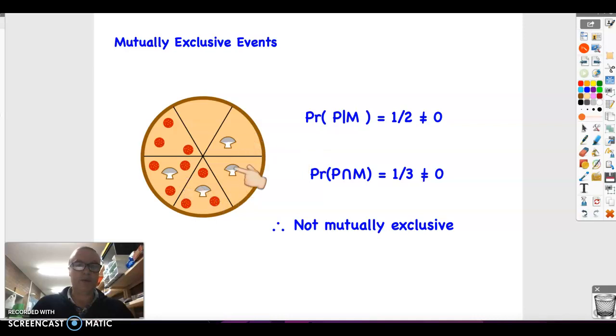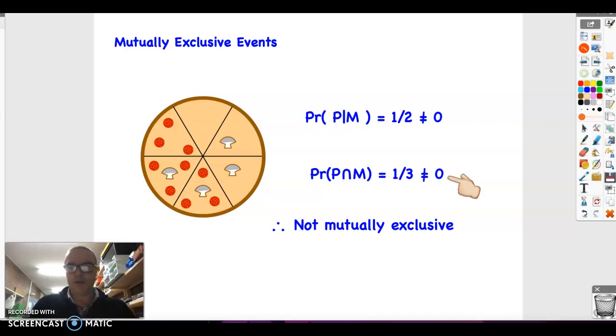If we get one of those pieces at random, the probability that we'll have pepperoni is a half. Importantly, it's not equal to 0. And also we can see that the probability of getting pepperoni and mushroom out of the whole pizza is 2 out of 6, or 1/3. And again, that intersection is not equal to 0.